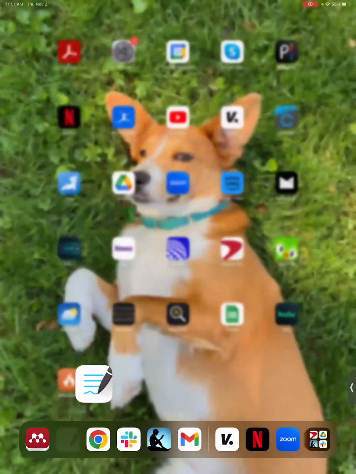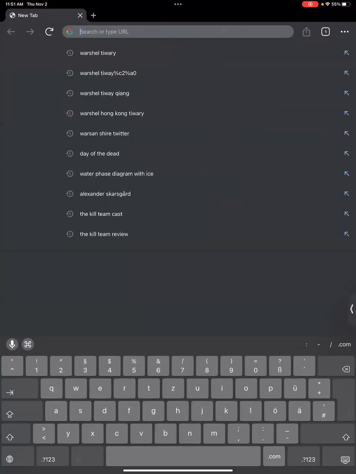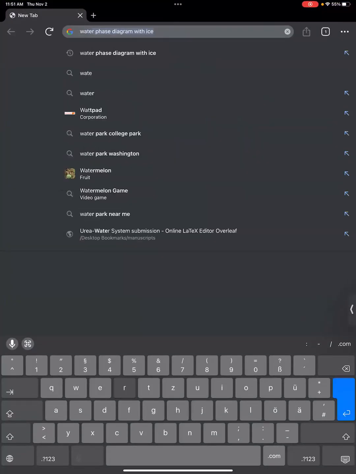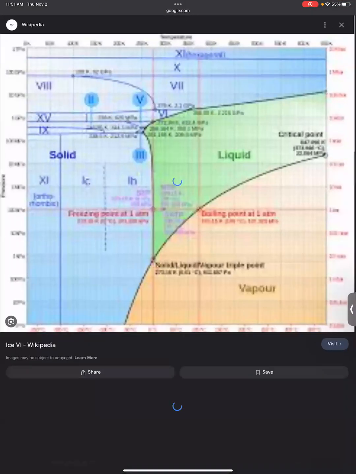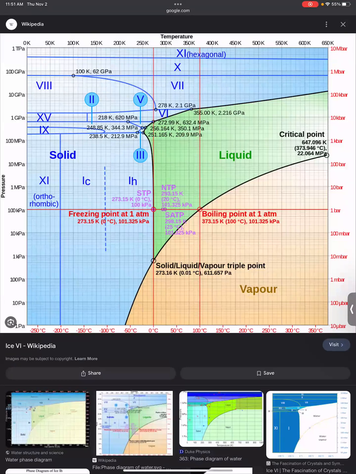If you look up the water phase diagram, you will see it's very close. Actually, let's go to the water phase diagram. The solid-liquid line is very vertical, right?